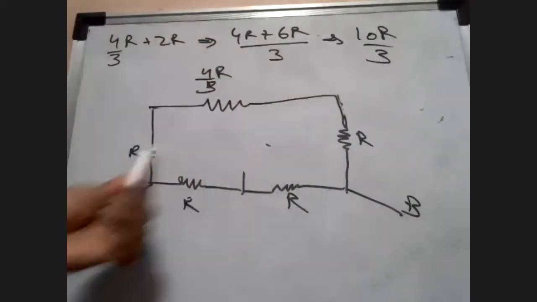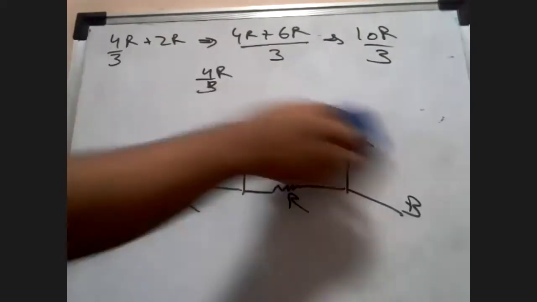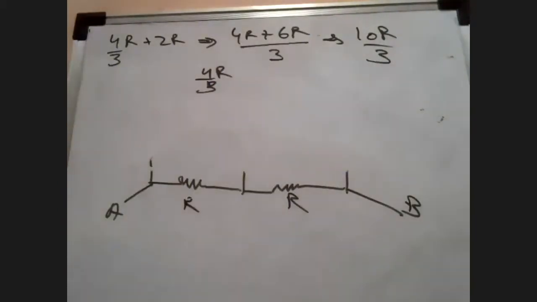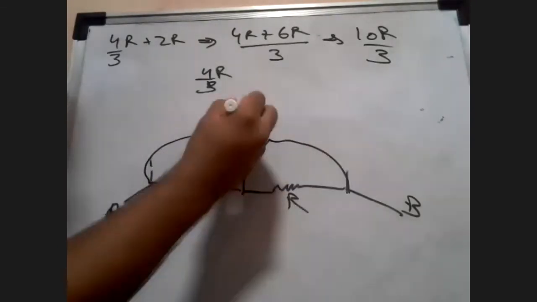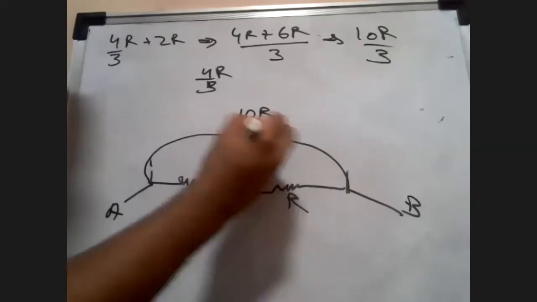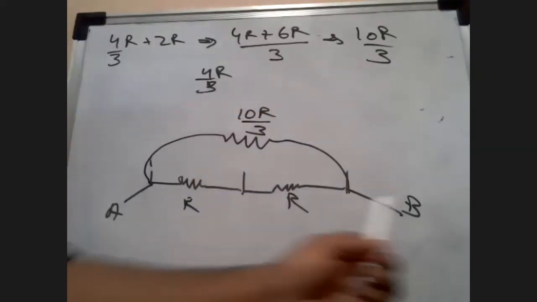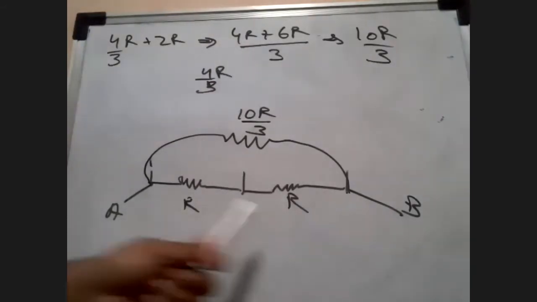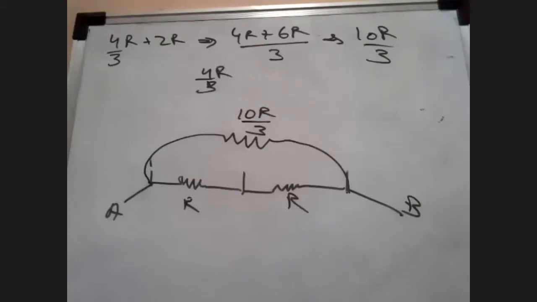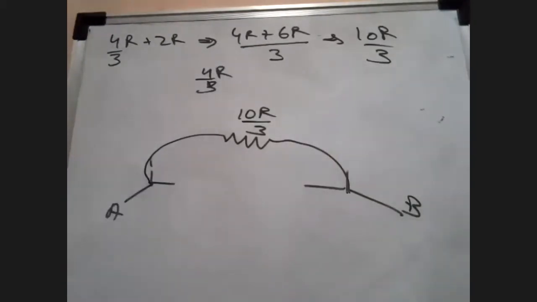So we get 10R by 3 across this. Now we have to find out the equivalent resistance across A and B. These two resistors become in series. 2R. So it is 2R.